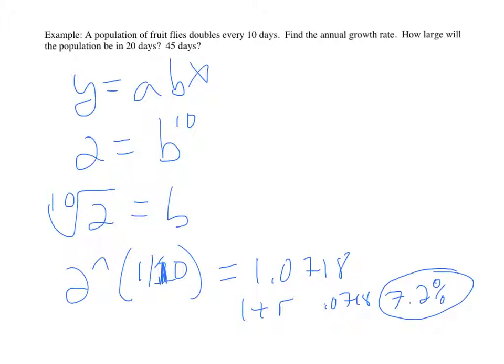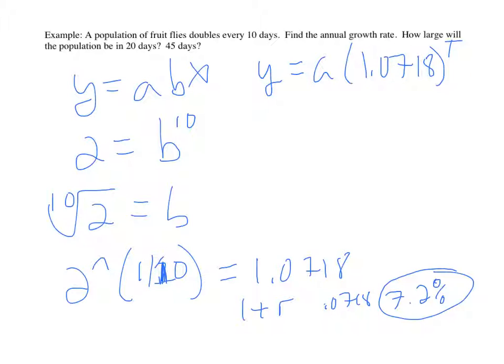How large will the population be in 20 days, 45 days? So they may have us refer to this in regards to the initial. So I've got an equation here that looks like this. I know that the population equals a times 1.0718 to the t.